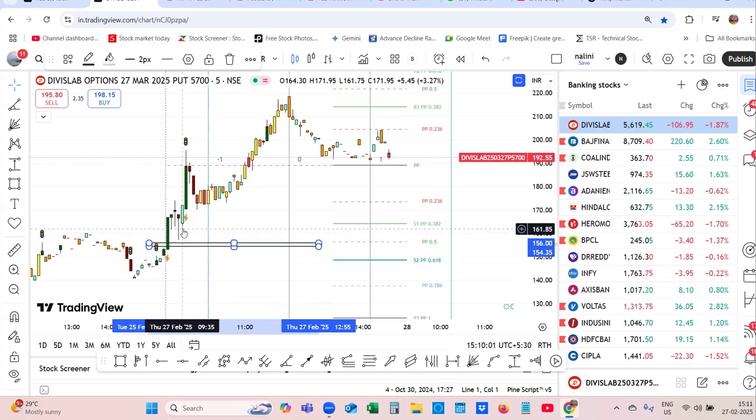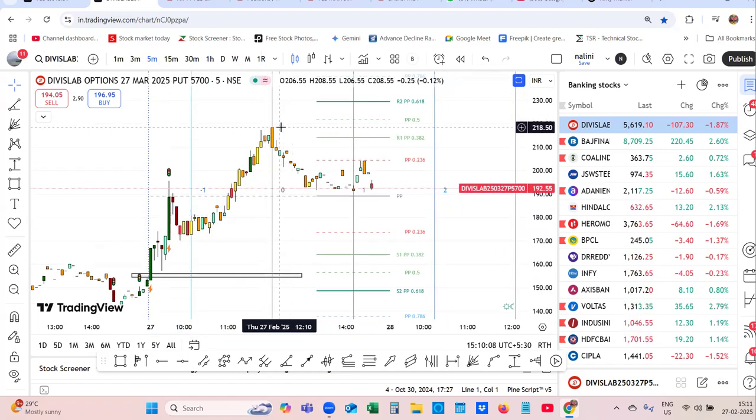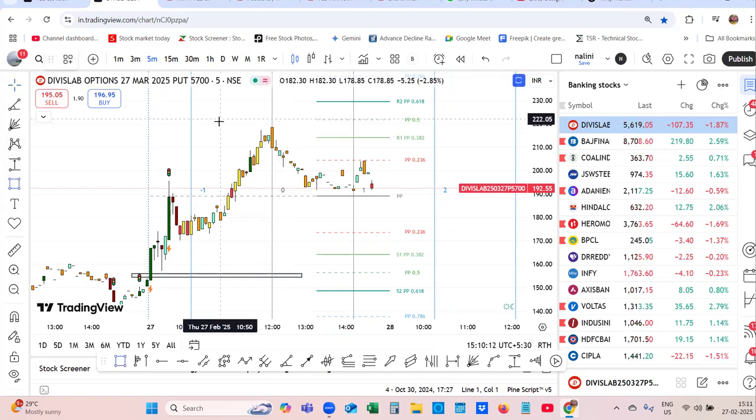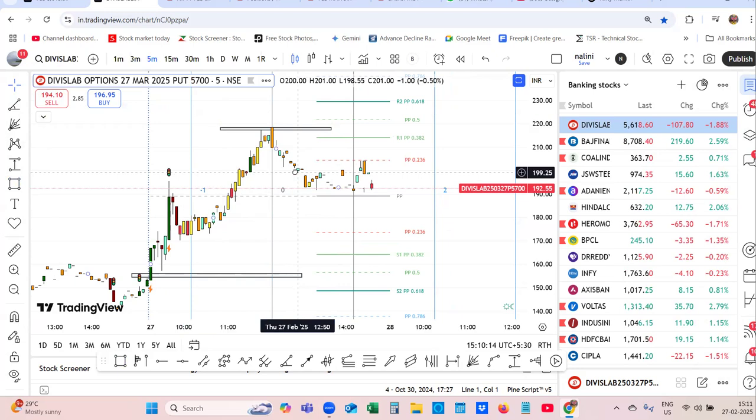Suppose if you would have entered around 161 or 167, this has rallied to 280. First target you could have finished off around 240. That is, you are getting 192 from 40 points from this one.